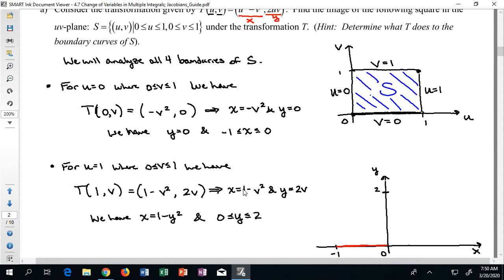Okay, so if I have this as 1 minus a v squared, then I have to make a couple of modifications. I can change that v back into something with a y by recognizing that v, based on my second formula here, is the same as y over 2, all squared.